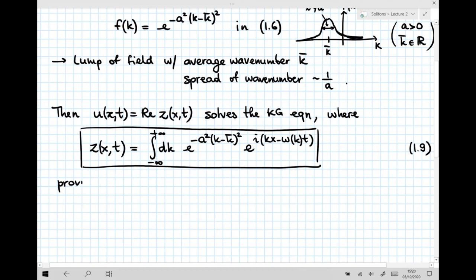And this is a solution of the Klein-Gordon equation, provided that the angular frequency of the plane waves is related to the wave number of the plane waves by the dispersion relation. Omega is v times the square root of k squared plus m squared.